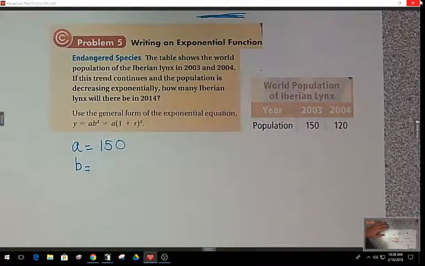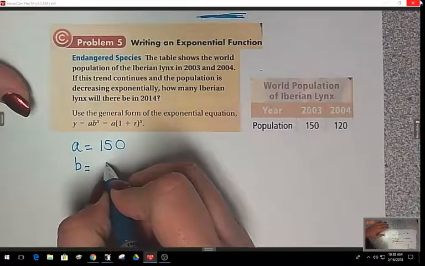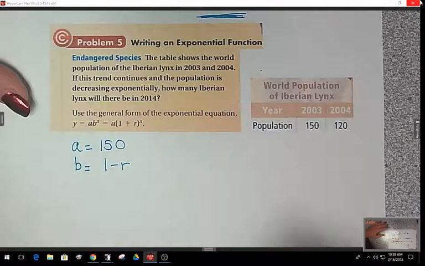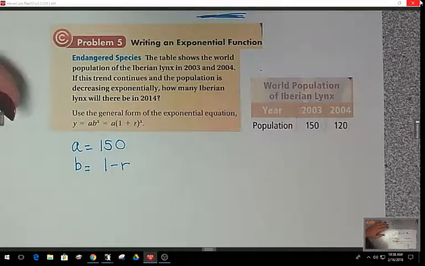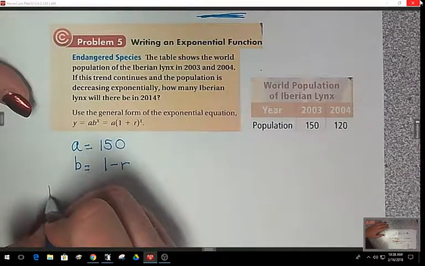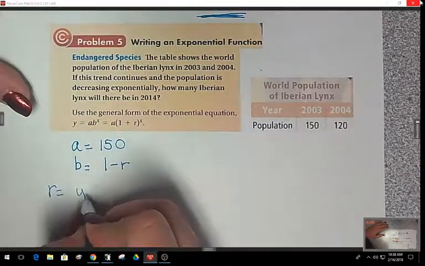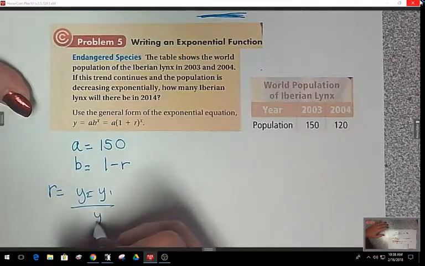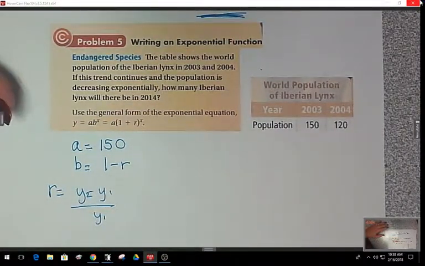And they don't give me a b value, okay? But our b value, since it's decreasing, it's actually going to be 1 minus r, but they don't even tell me the rate. So what I have to do is calculate the rate using the formula we looked at at the top.